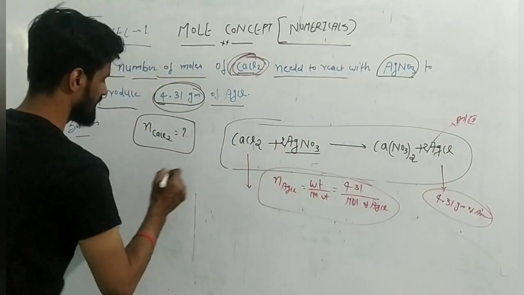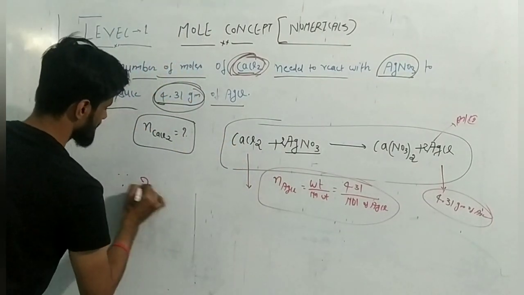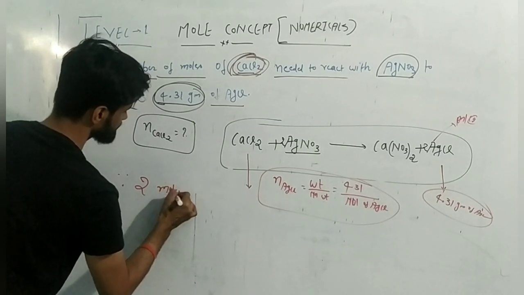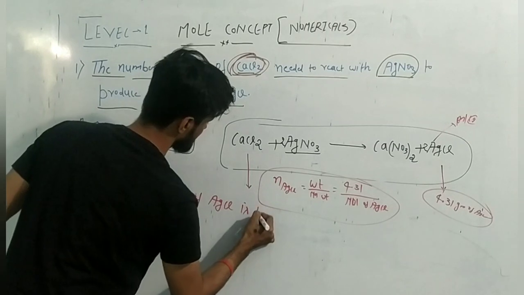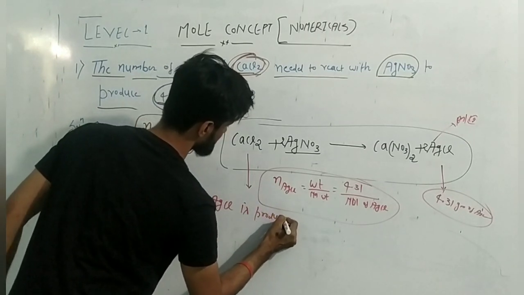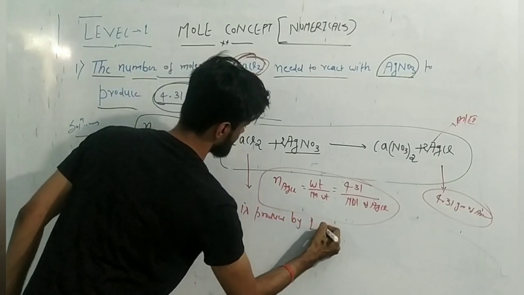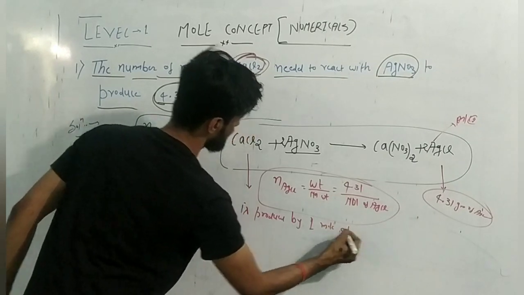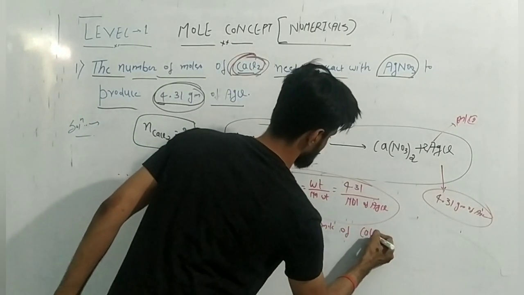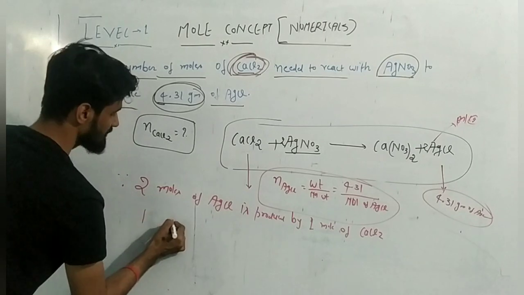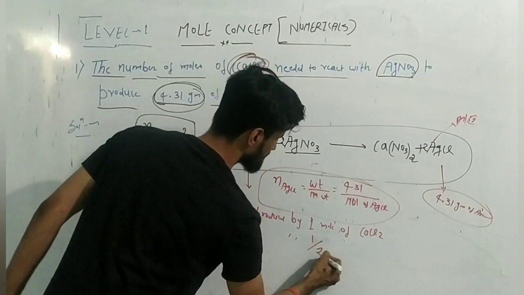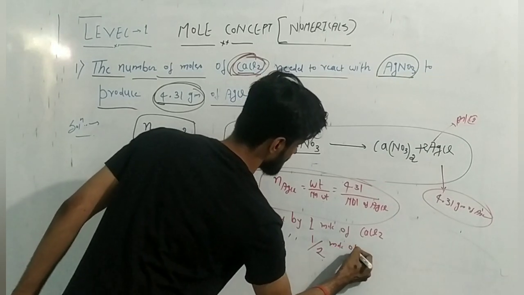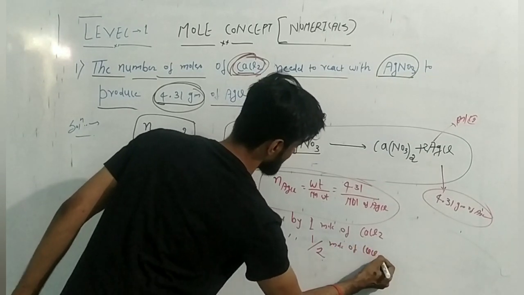Now here you can write, since 2 moles of AgCl are produced by 1 mole of CaCl2, so 1 mole of AgCl will be produced by 1 by 2 moles of CaCl2.